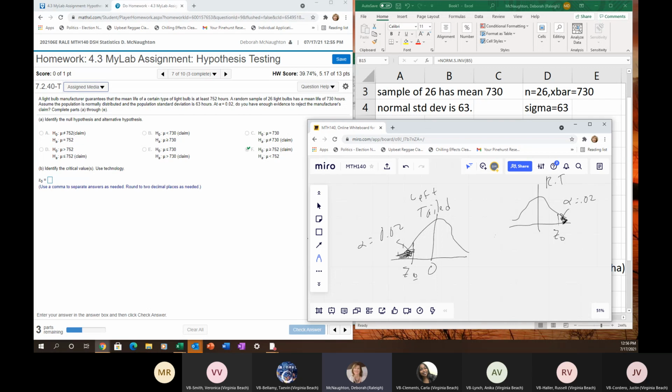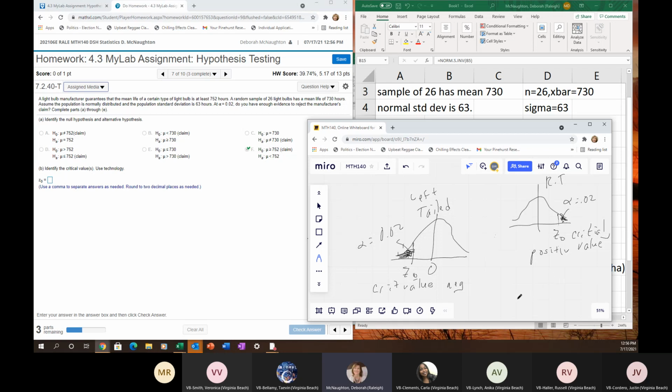Here you're going to get a negative critical value, and over here you're going to get positive. And this Z naught is the critical value, the one based on the alpha level.